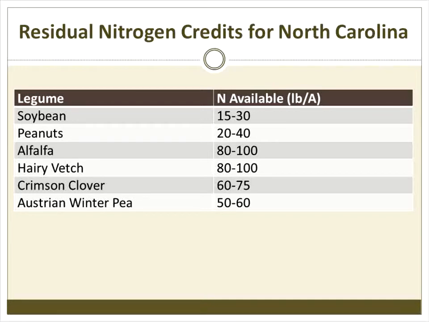When I think about soybeans, I typically think that it's only going to add probably about 15 pounds of nitrogen. There have been plenty of studies that have shown that soybeans aren't real effective at adding nitrogen to the system. Peanuts, on the other hand, if I were to pick a number, I would use 40 pounds of nitrogen per acre per cropping season for peanuts. They do a much better job of adding nitrogen to the system.